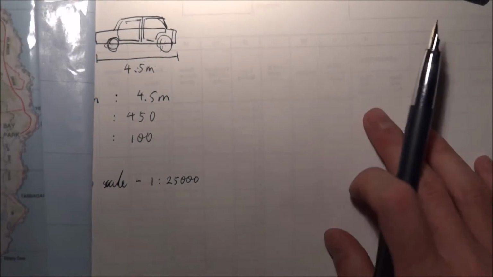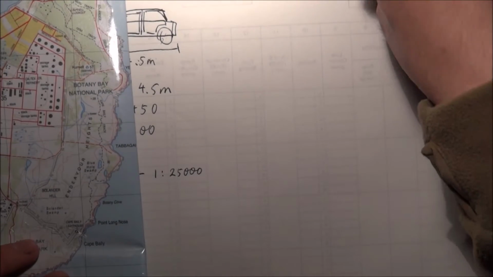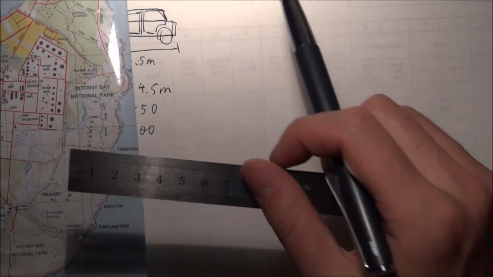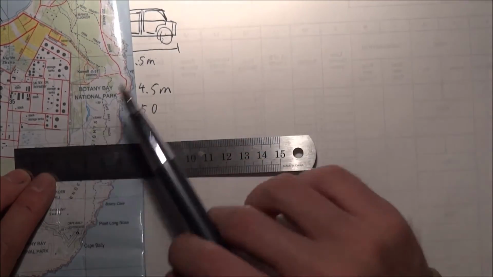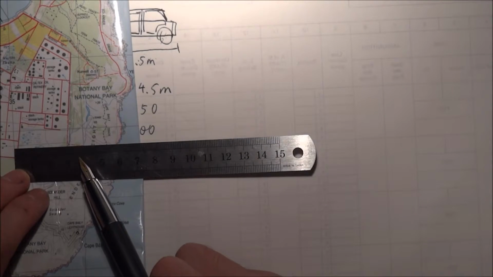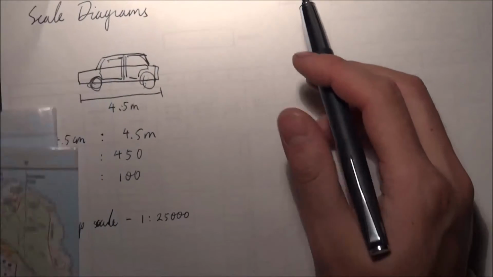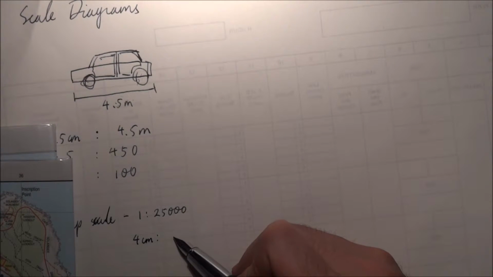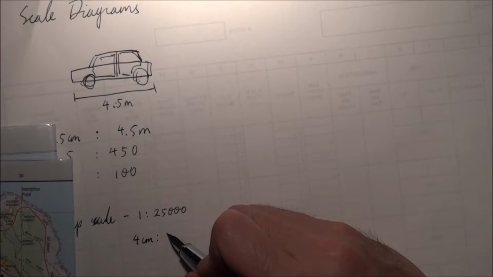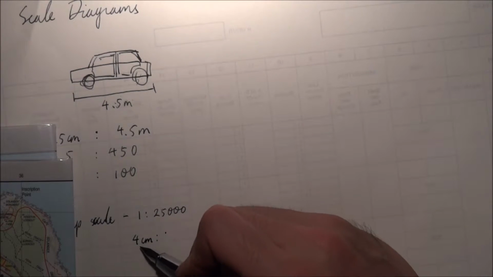So how do we apply these units? Let's take a ruler again. Let's just measure the size of the grid square. Yeah, the grid square across is 4 centimeters, which means correspondingly it should be 4 times 25,000. So 1 times 4 is 4.